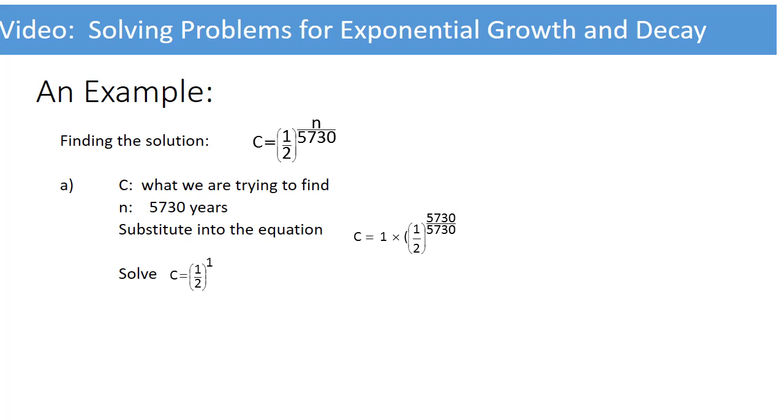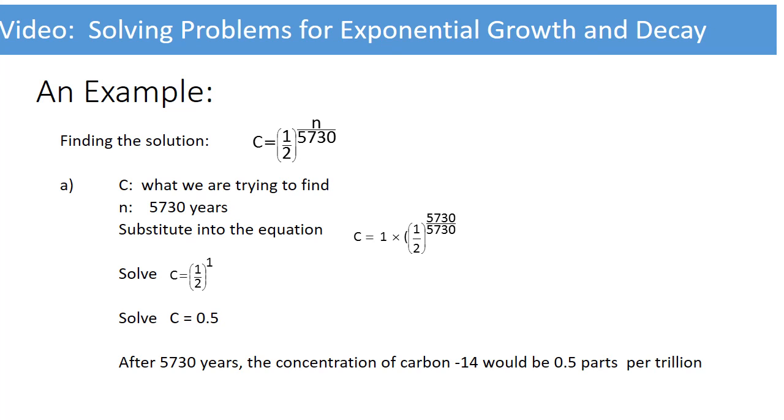Solve. C is equal to 1/2, and we now have the exponent of 1, so C is equal to 0.5. After 5,730 years, the concentration of carbon would be 0.5 parts per trillion.